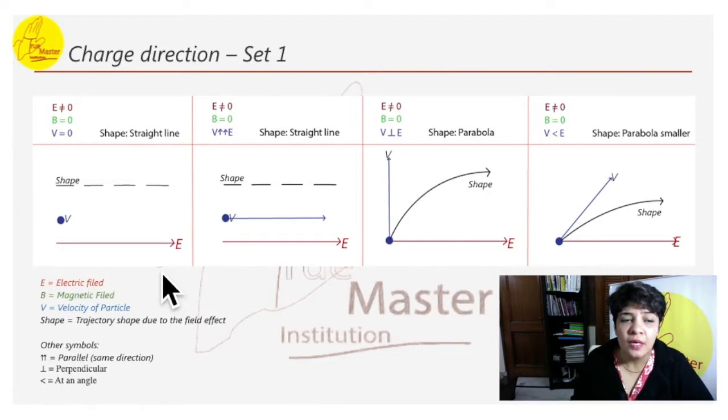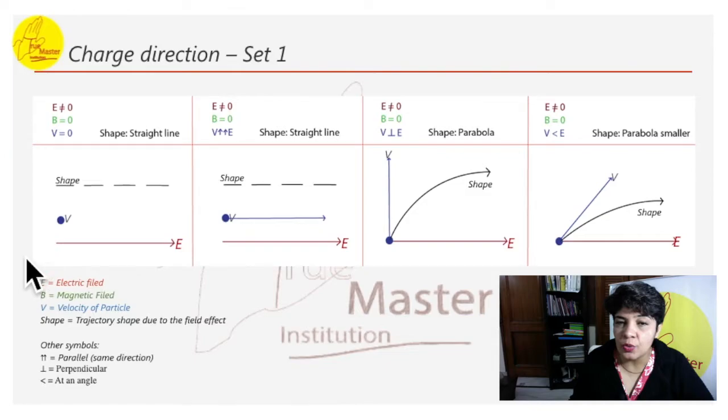Let us take a look at the first case. Here E is not equal to 0, so there is an electric field. The magnetic field equals 0 and the velocity of the charged particle is also 0.